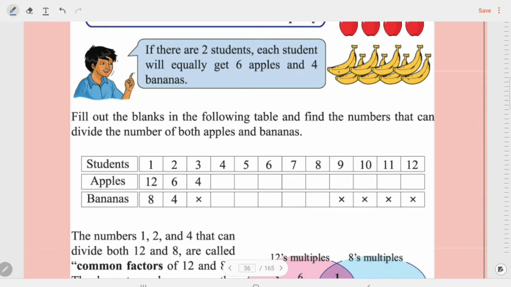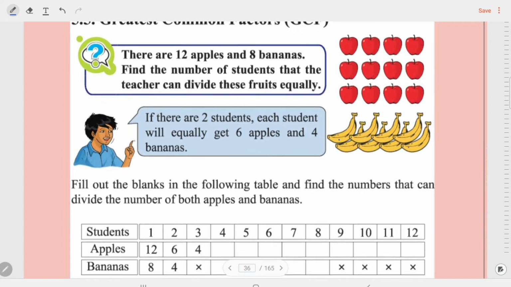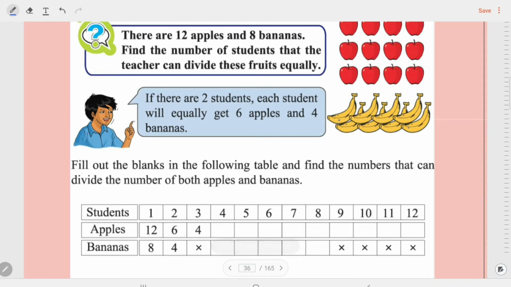Okay, 2 students means 6 apples and 4 bananas. Okay, 3 means 3 is here, it is not a factor, that's why a cross mark is given.